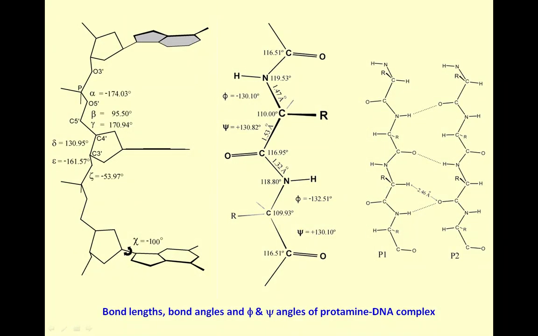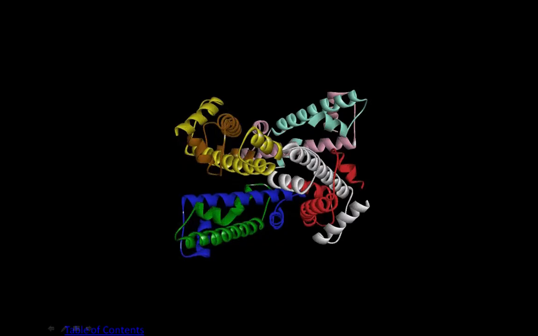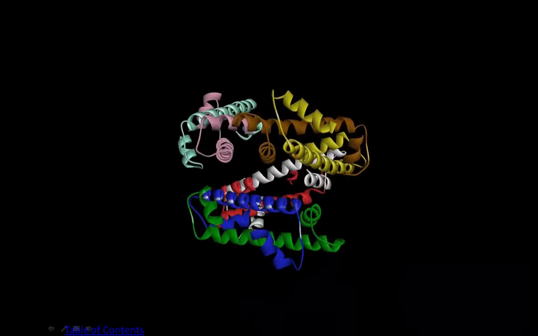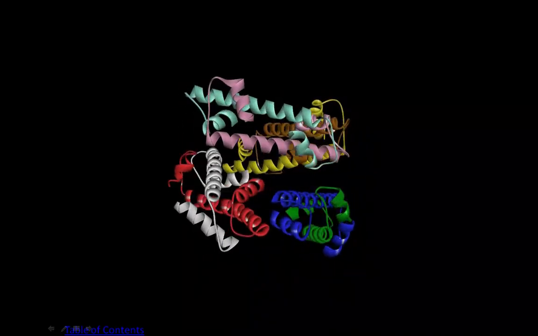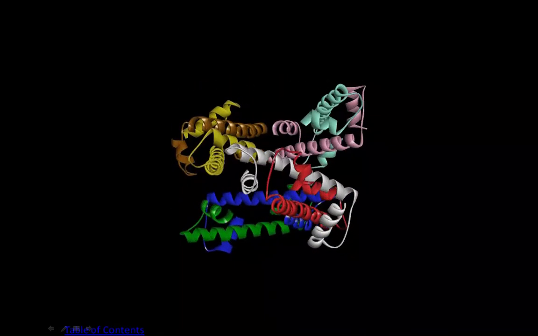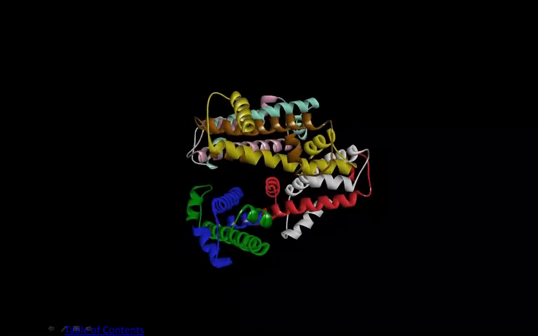But in the case of protamine, we can say with certainty that the type of structure is correct, even though we may not be able to precisely adjudicate issues such as small variations of phi and psi angles. In the case of histone, however, the correctness of our new structure depends entirely upon the correctness of the octamer core structure upon which it is built.